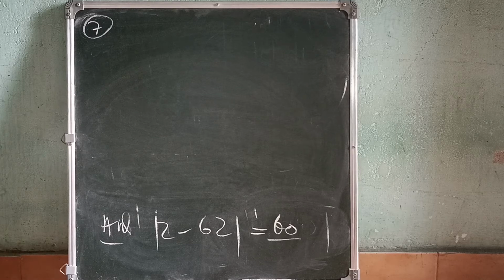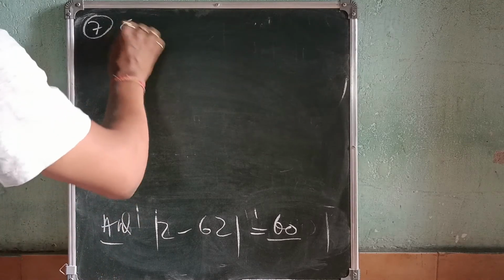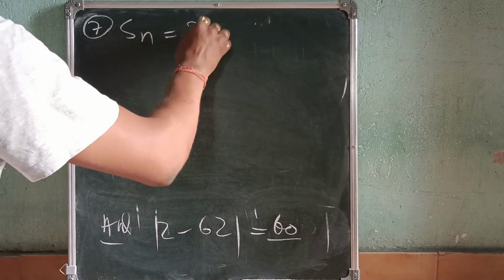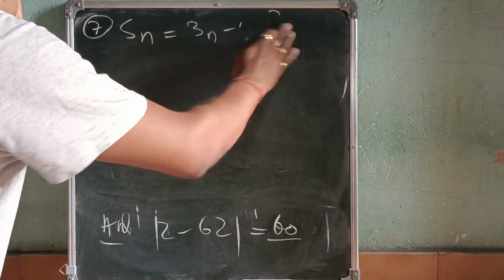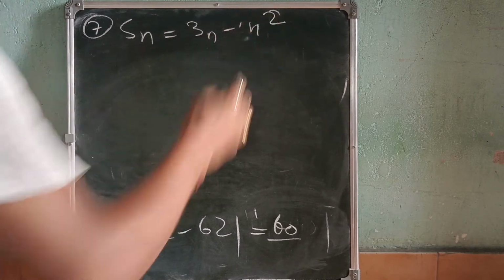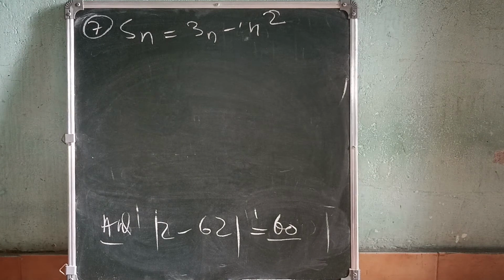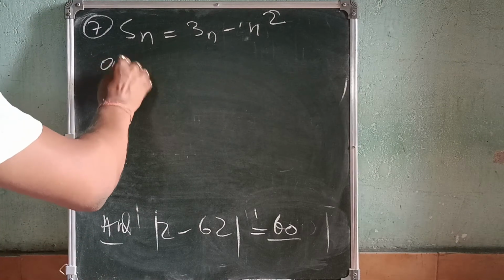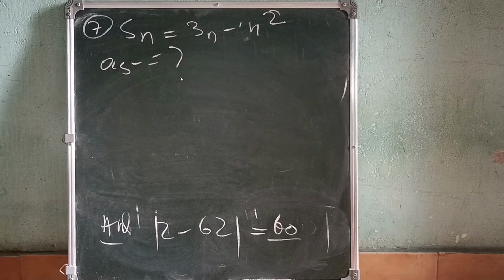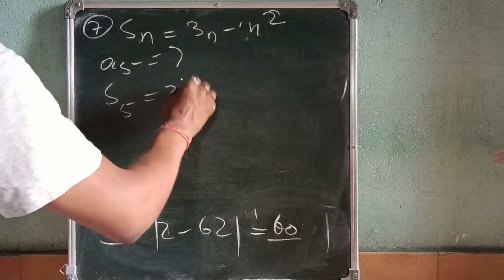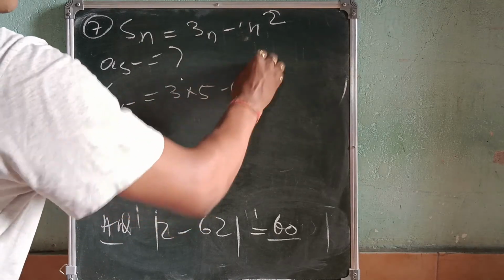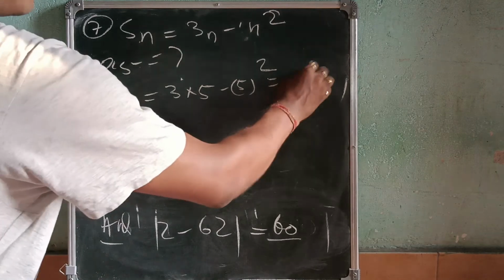Suppose the given is Sn = 3n minus n square. The question asks for A5. How do you find it? You just apply S5: 3 into 5 minus 5 square. The answer is minus 10.